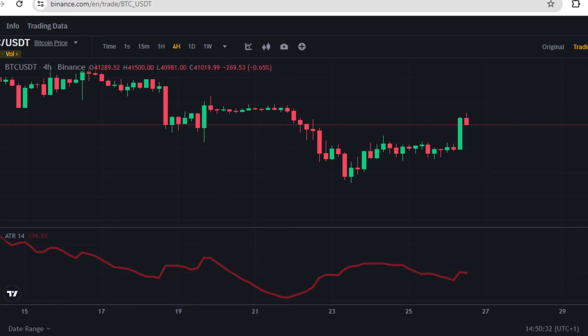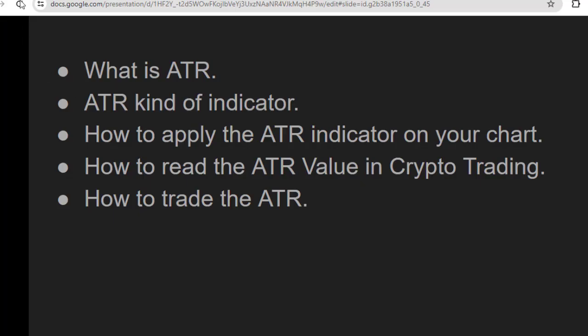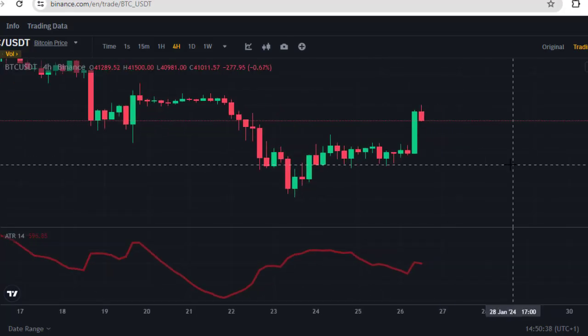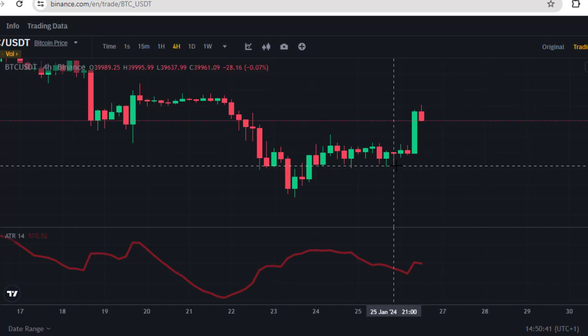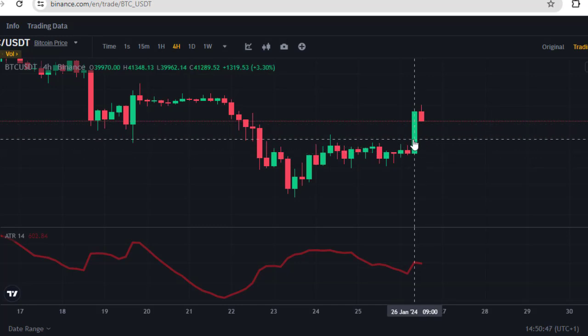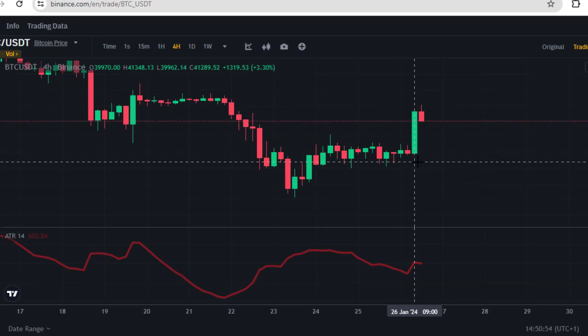So what is average true range? The main thing you have to understand is that the ATR indicator takes into consideration a range after the formation of a particular candlestick. It takes into consideration how volatile the market moves up or down in a range.